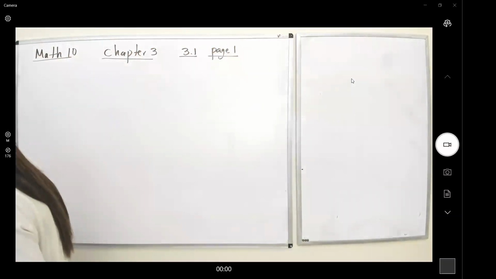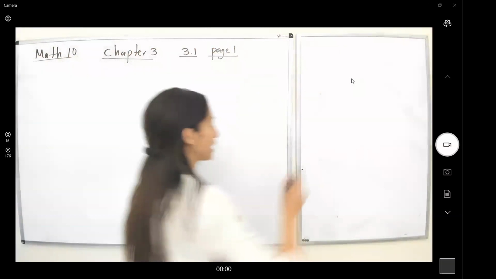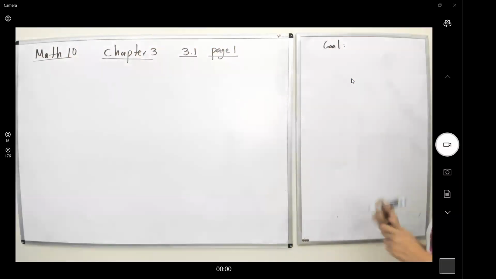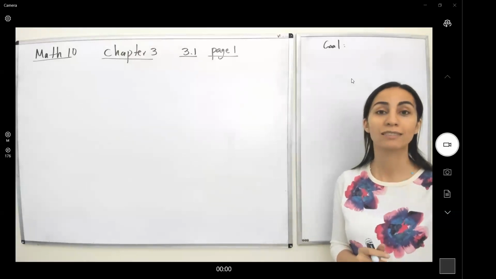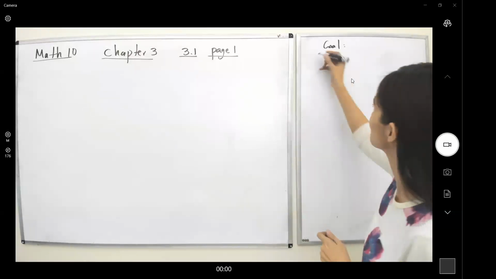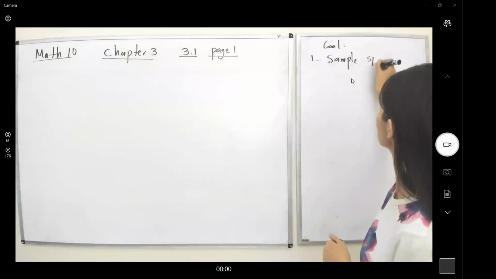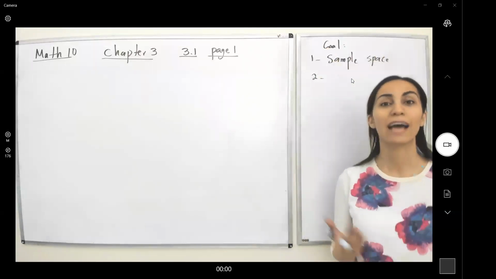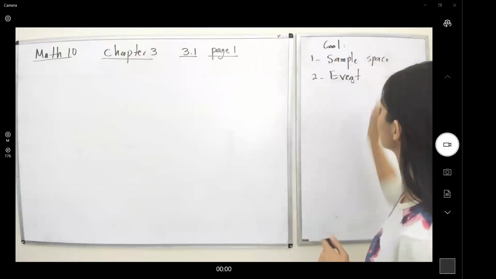Very well. So, what are the objectives and goals of today's lecture? First of all, we're going to learn about a sample space. Second, we're going to learn about an event, what an event is.